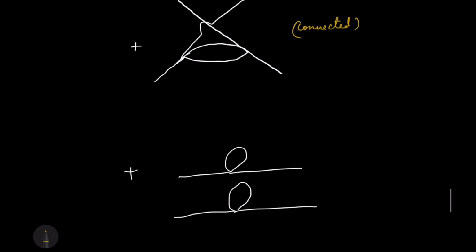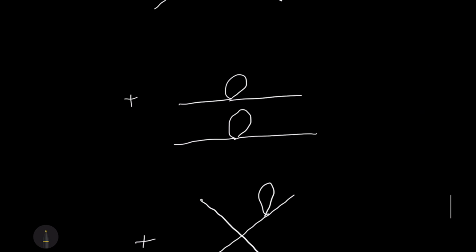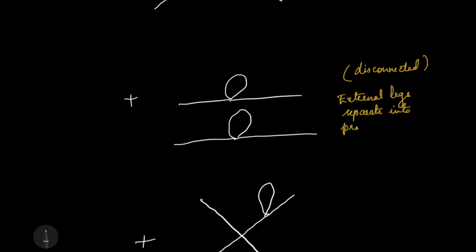Right? But this is a disconnected diagram. So what is a disconnected diagram? The external legs separate into a product of subdiagrams.